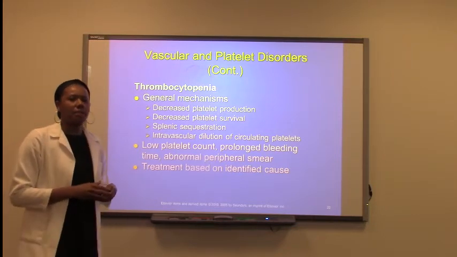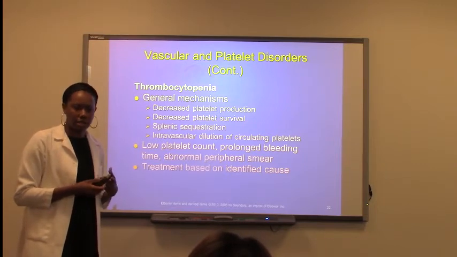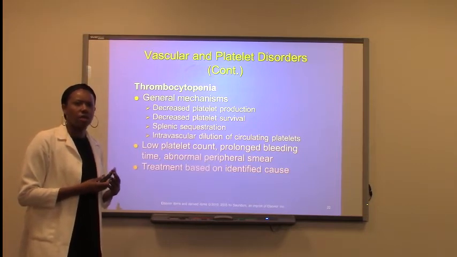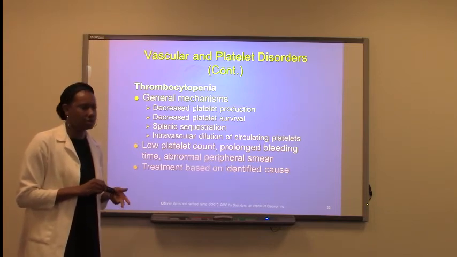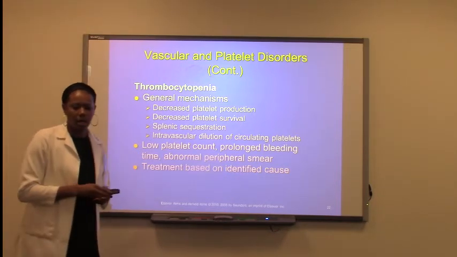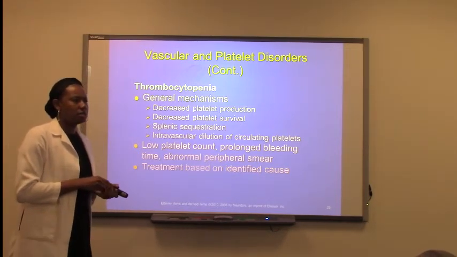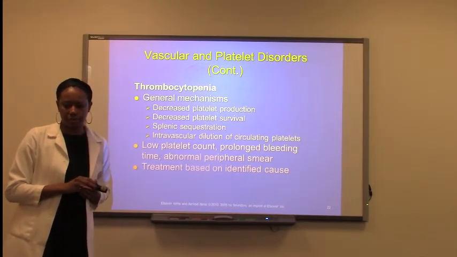When you have this type of splenic pooling, this is common in patients that have sickle cell anemia, and also common in patients that have mononucleosis. So they can have that sort of pooling up of blood.